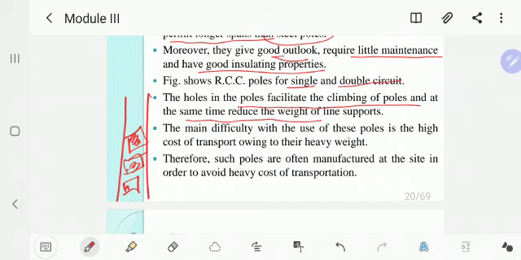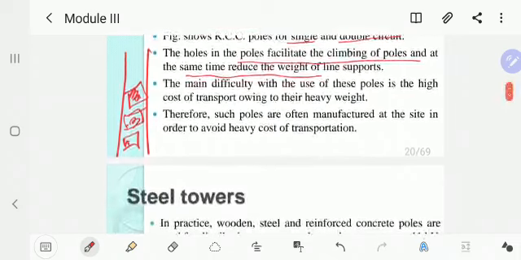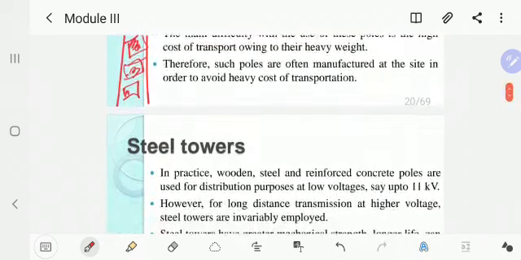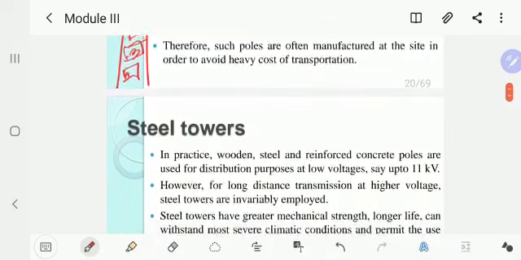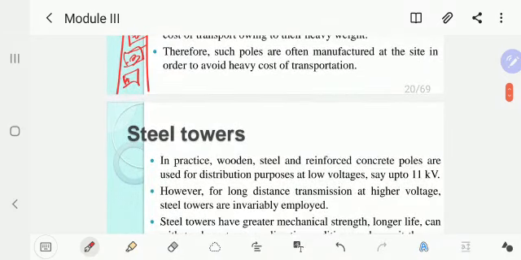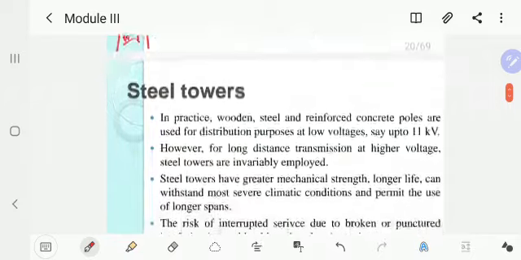That is why the weight is less in the case of RCC poles. The poles are often manufactured at the site in order to avoid the heavy cost of transportation. So at the place where it is being installed, the poles are manufactured there itself, so that we can reduce the cost of transportation.